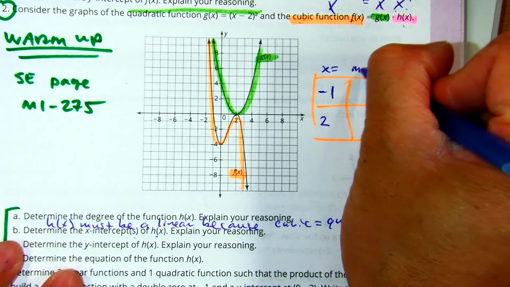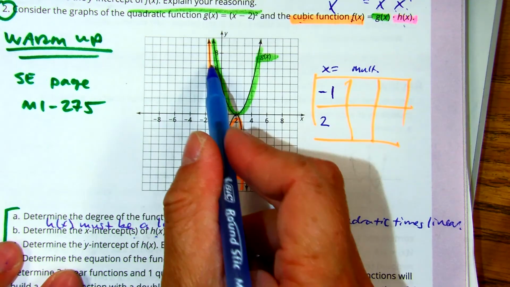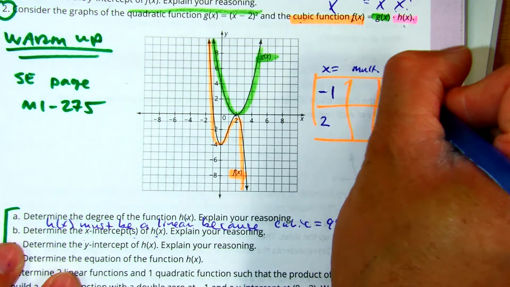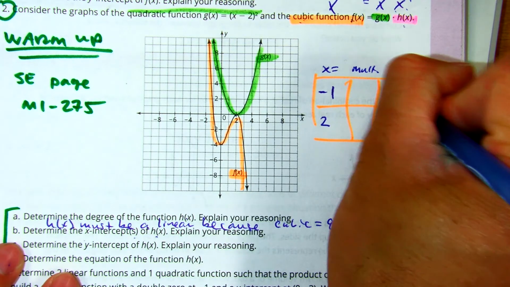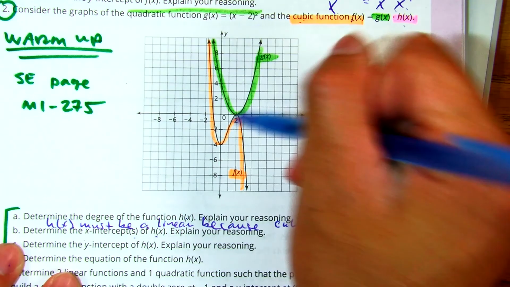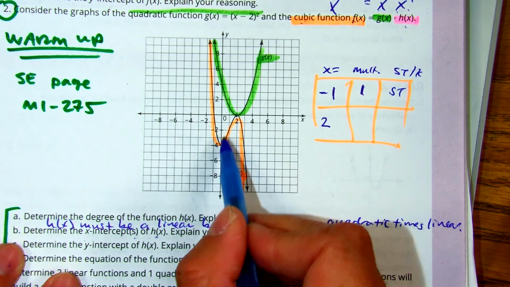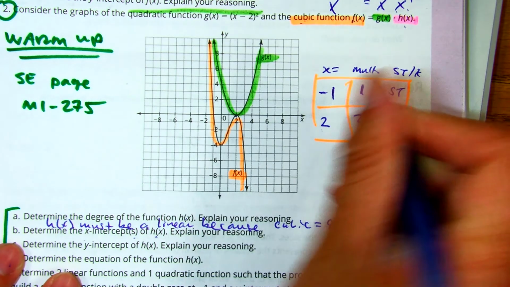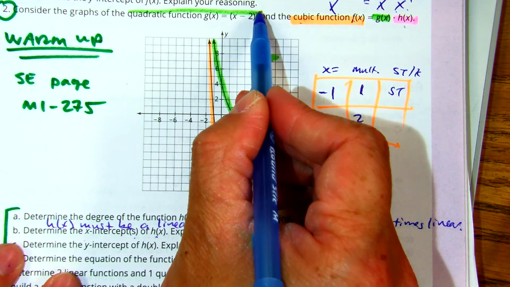The multiplicity here at -1, is it a shoot-through or a kiss? If it's a shoot-through, that means it has a multiplicity of 1. We already know that because that's the linear part here. And over here, it's an even multiplicity. And we already see that with that 2 up here.